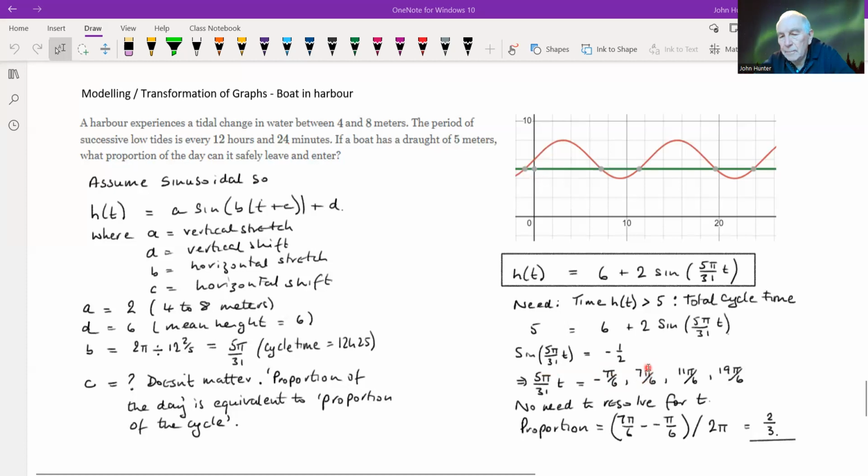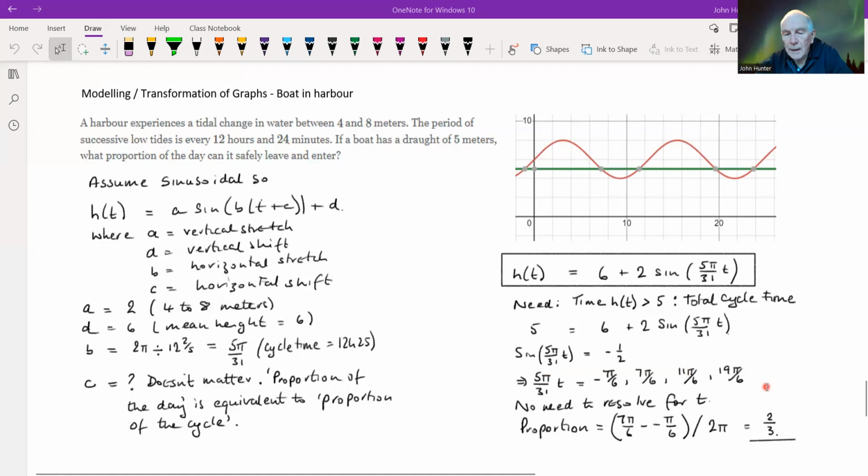And then this is pi minus the primary solution, so pi minus minus pi over 6. These two are another 2 pi, 2 pi more than that one and 2 pi more than that one. But we probably don't need those anyway.